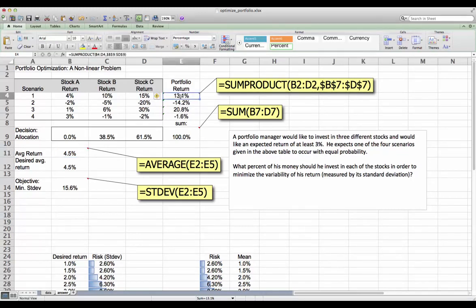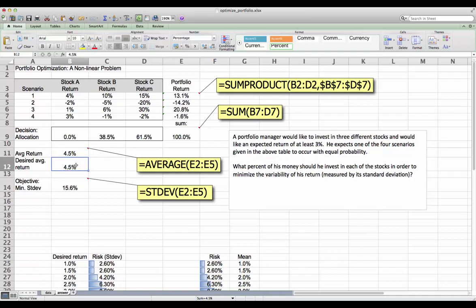Now in each scenario, the return can be calculated by a sum product. So for example, in scenario 1, if the allocation is these percentages, the sum product with the return for each stock gives you the return of the portfolio. And take the average of that, you get your average return.